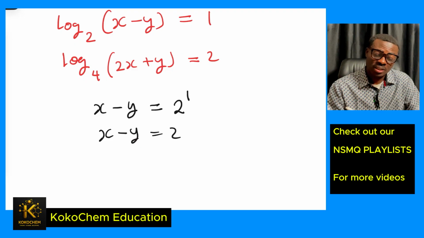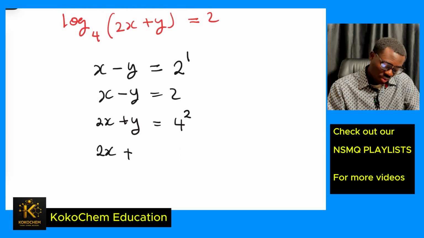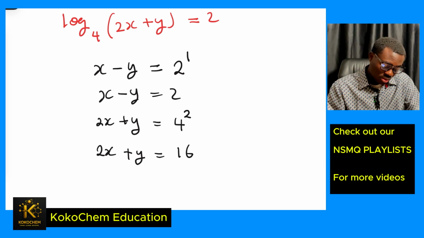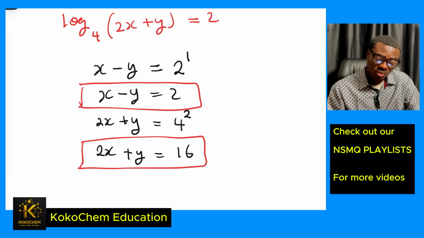The second equation would then be 2x plus y equal to 4 power 2. That gives you 2x plus y equal to 16, because 4 squared is 16. So these two will be the equations: x minus y is equal to 2, 2x plus y is equal to 16.